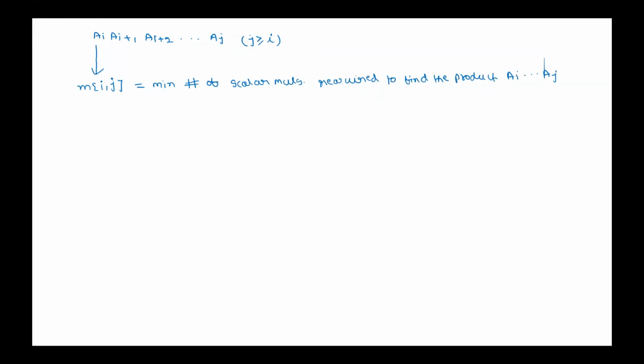Now you tell me what is the value of M(i,j)? What are the possibilities? Total, how many matrices are there from Ai to Aj? What is chain length? That means the number of matrices in the chain. How many matrices are there?